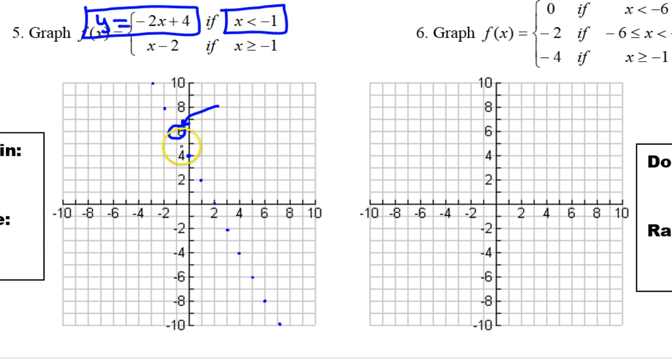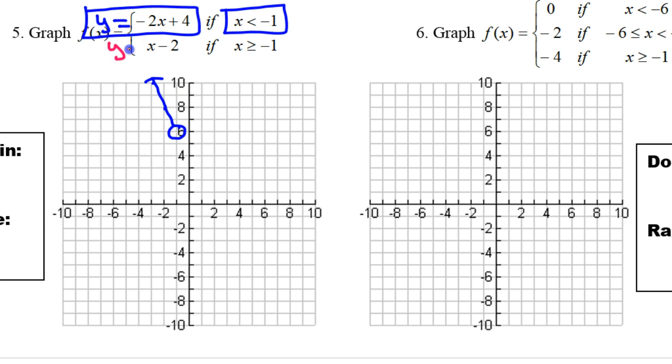So that's why we're going to go to the left. All right, negative 2, negative 3, negative 4. These are the values that are less than negative 1. So that's why I'm going to draw the graph in this direction through these points that I have plotted. All right, and then erase any extra dots that you made by this method. So that's what the first piece looks like.